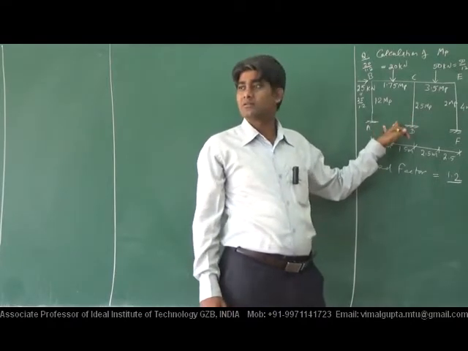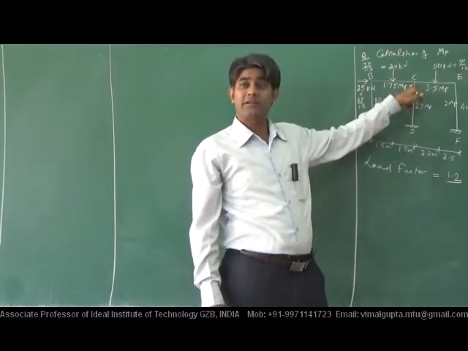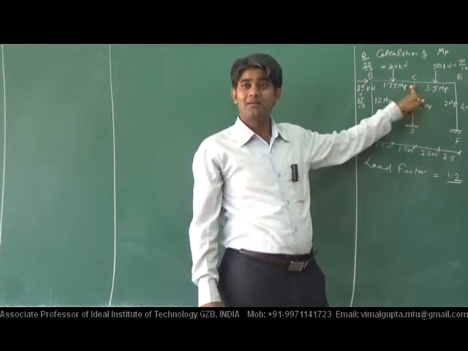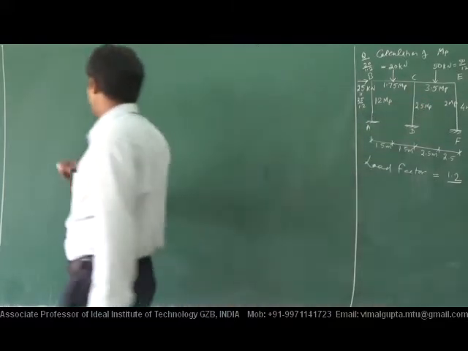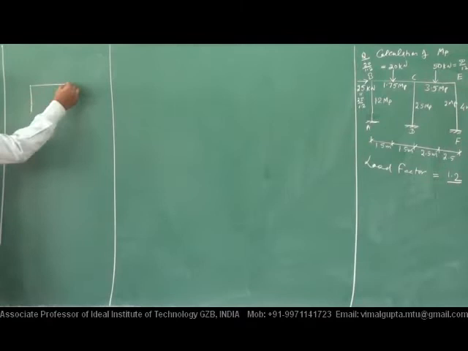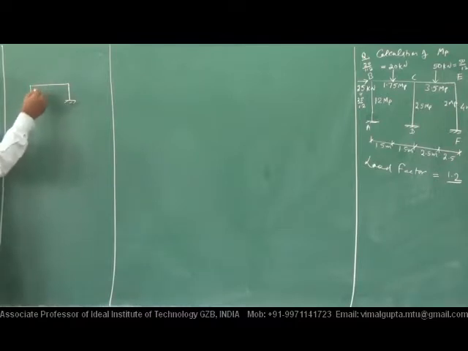The difference from the last class, last example, is that at point C we are observing more than 2 members. In last class we did this type of frame, load was there, UDL, point load, 2 point loads, I think it was that.